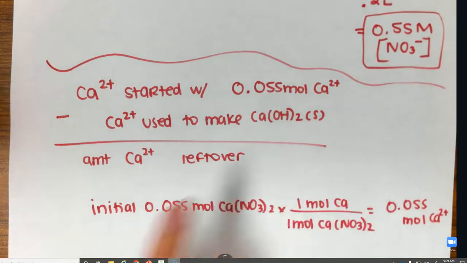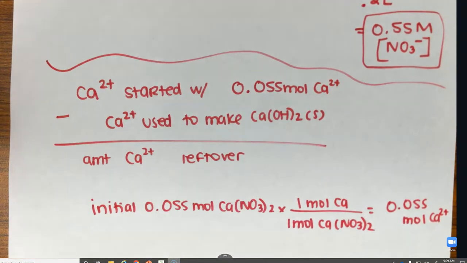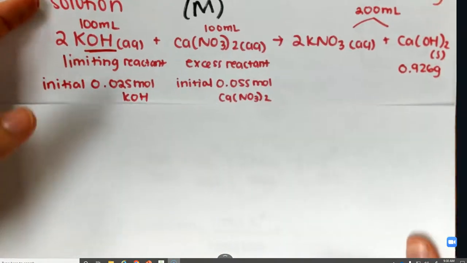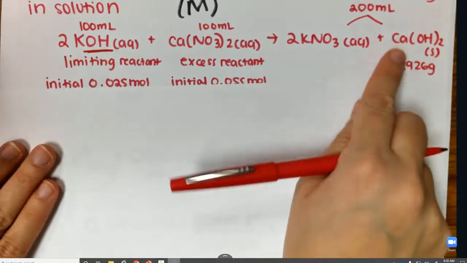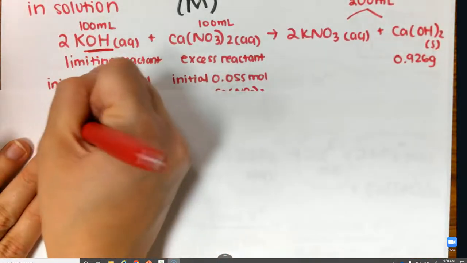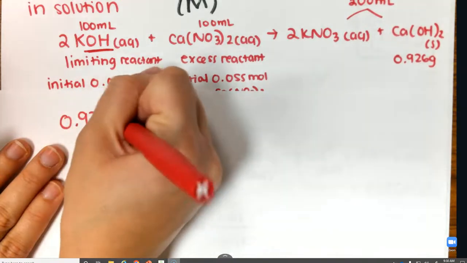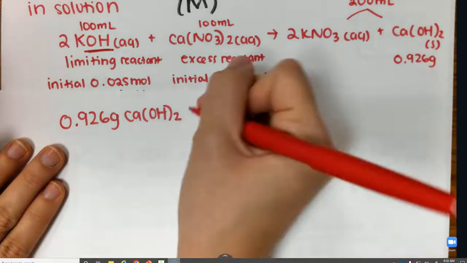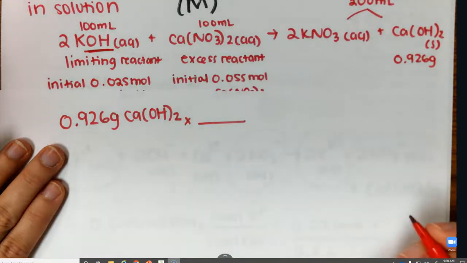I need to figure out how much calcium I used to make my calcium hydroxide. Well, if I look back and I labeled everything nice and neat, I know that I made 0.926 grams of calcium hydroxide. And change that to moles.